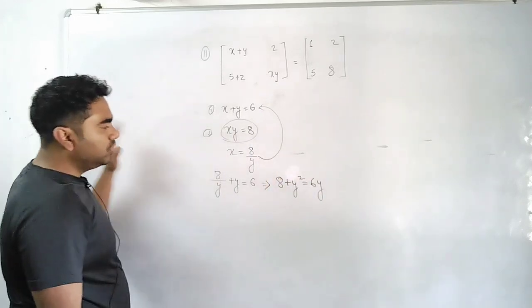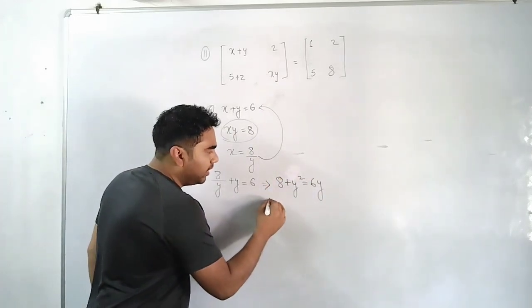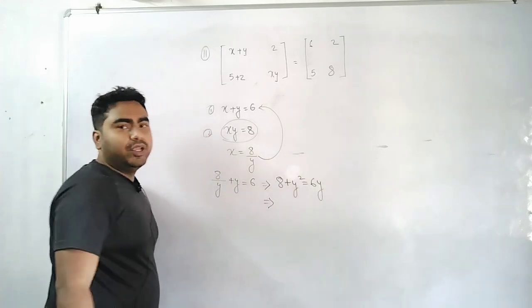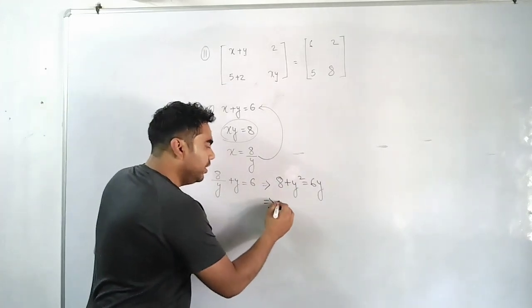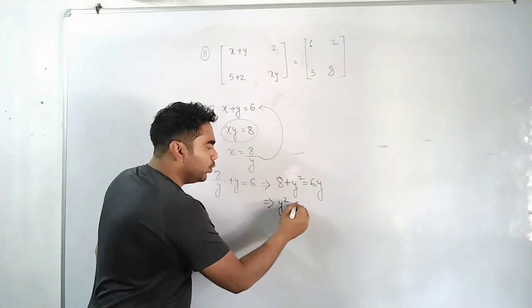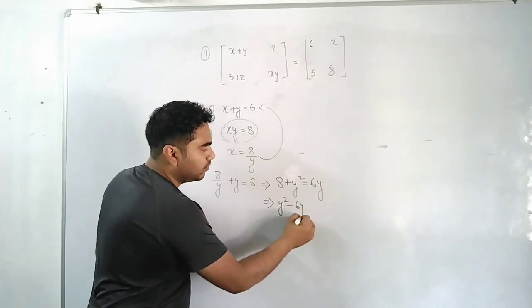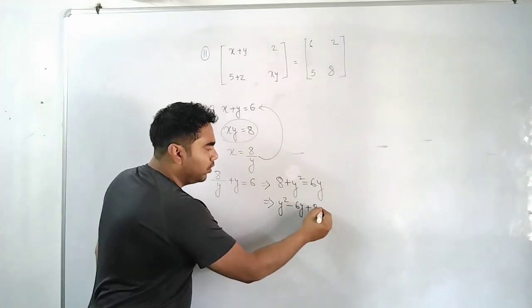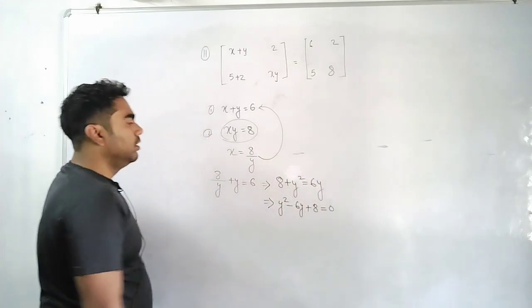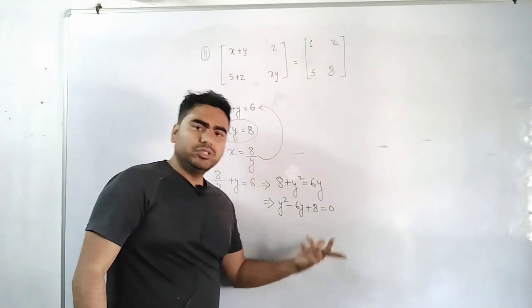Now further solving this equation, we are witnessing a quadratic equation. So in order to solve a quadratic equation, we need to put it equal to 0.